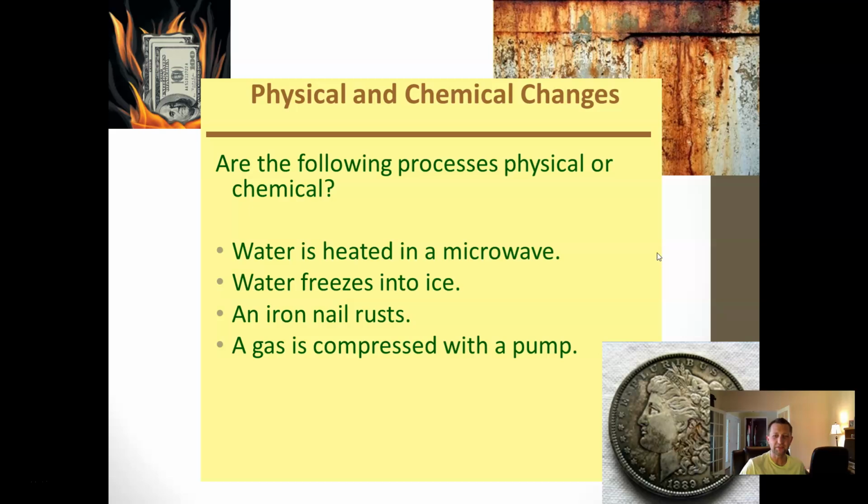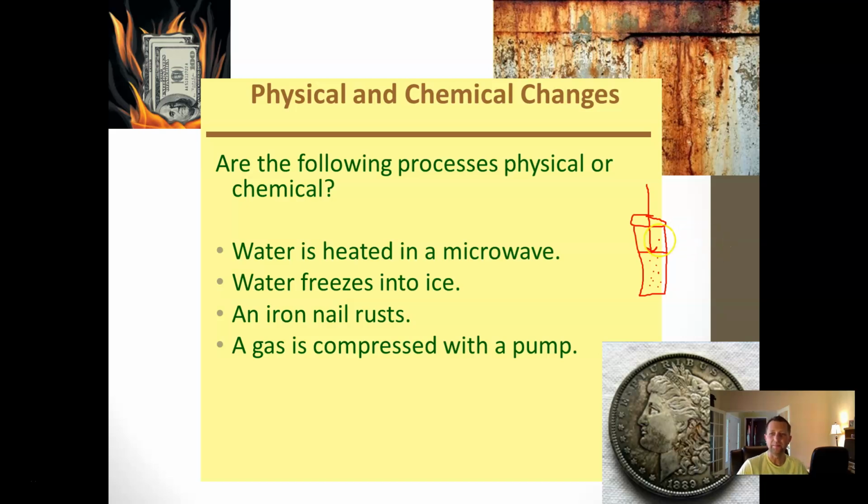Gas is being compressed with a pump. That just means you have gas particles. Here's your pump. This is going to be a horrible drawing. There's your pump, here's your gas inside of it, and there's a plunger or a piston here, and you're pushing down on that.